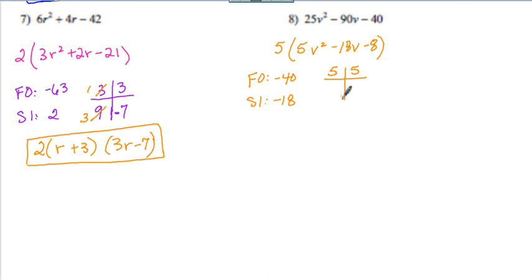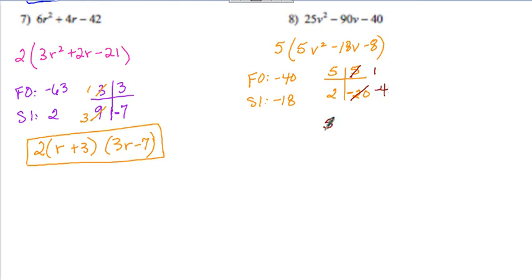Hopefully you've thought of 2 and 20 as your candidates. 2 and 20. Somebody has to be negative. Since this is a negative 18, I need the 20 to be the negative. So 2 times negative 20 is negative 40, and 2 plus negative 20 is negative 18. Now I go through and look to see if there's something to be reduced. 5 and 2, nothing to be reduced. 5 and negative 20 can be reduced to 1 and negative 4.